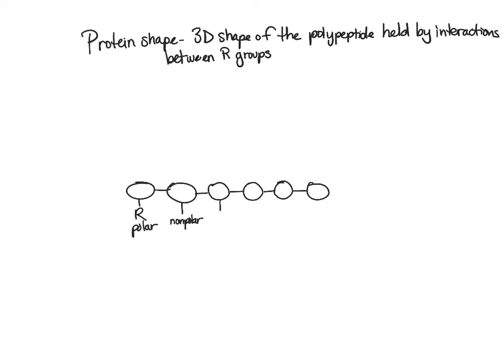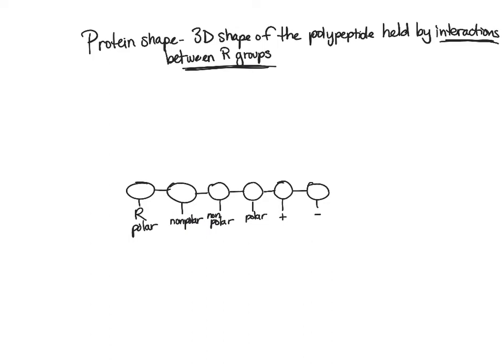And then let's say this is another non-polar. And then let's say this is a polar R group. And then let's say this is a positively charged R group. And this is a negatively charged R group. So when we have these different amino acids, it's going to be these interactions between these R groups that are going to start to form the way this protein looks.